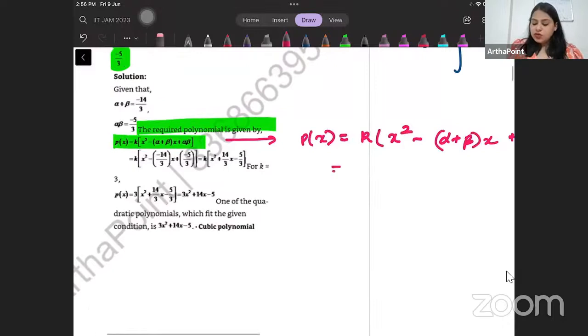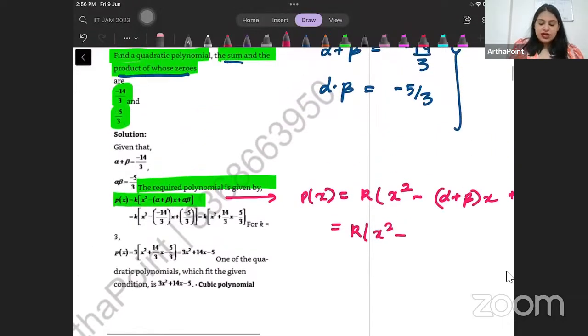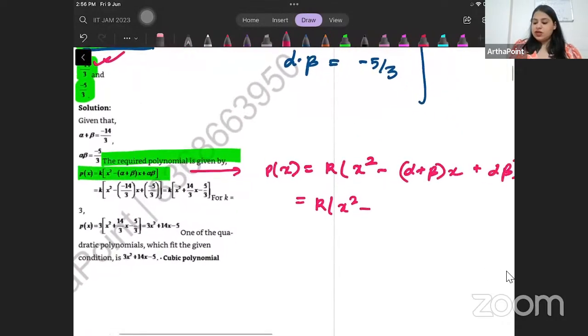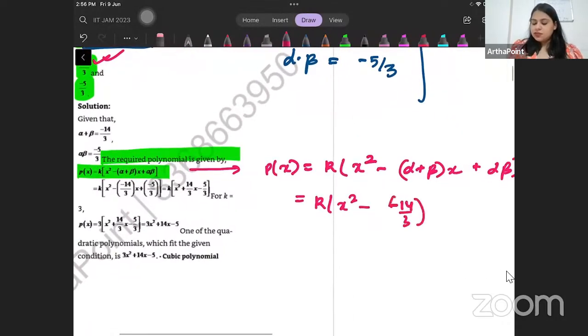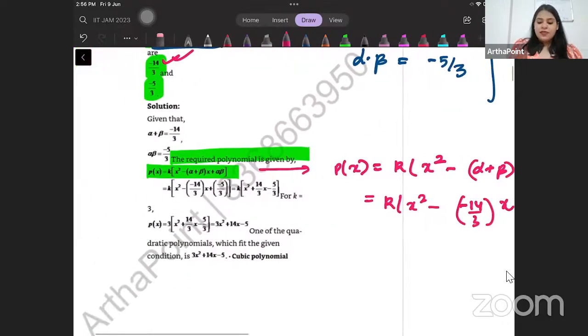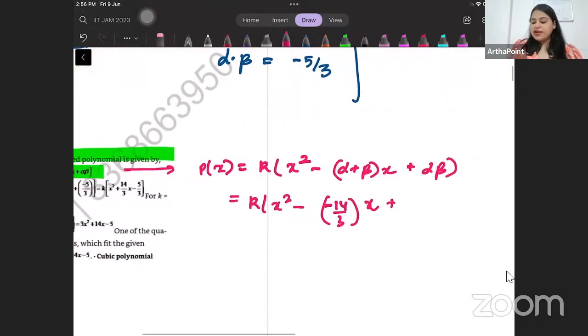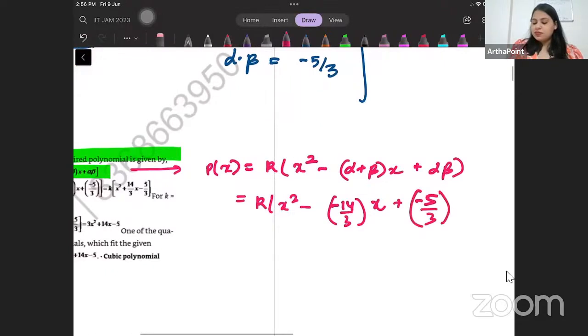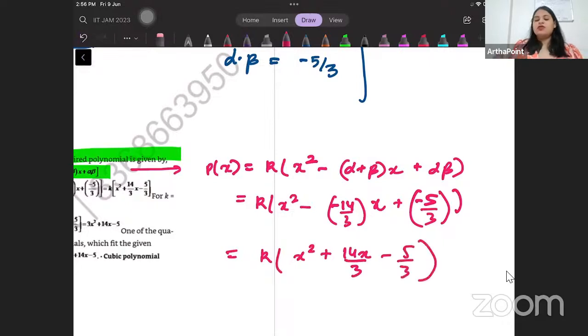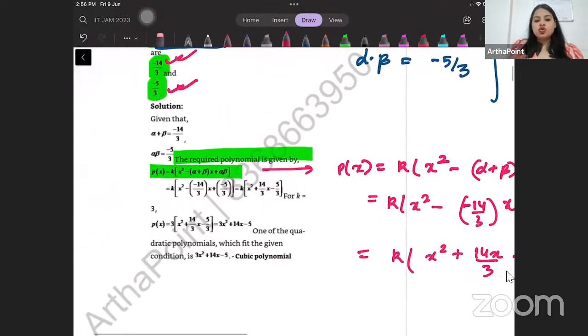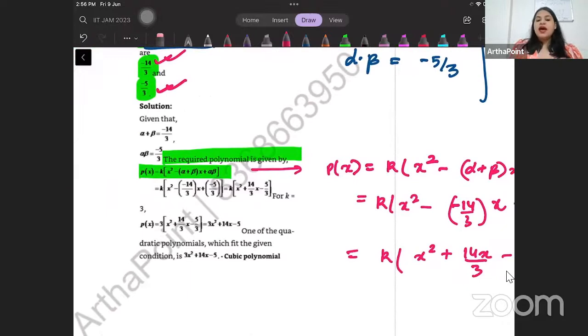So now beta, we know that this is k times x square minus (alpha plus beta), which is given to me as minus 14 by 3, and alpha beta is given to me as minus 5 by 3. Right? So this becomes k x square plus 14x by 3 minus 5 by 3. But in order to solve this equation, I don't want anything in the denominator.